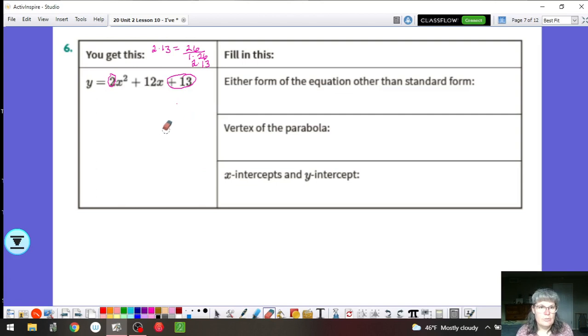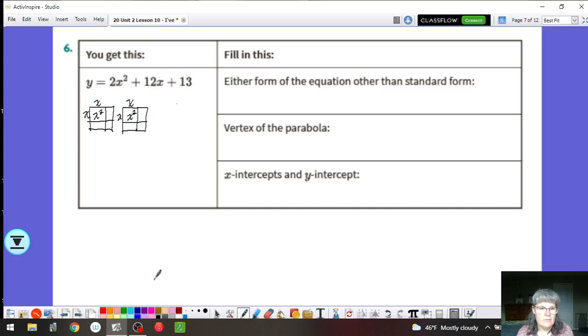In that case, we're going to complete the square. So I am going to start by drawing 2 squares because this is 2x squared. And I'm going to put an x squared in each one. Now I have 12x that needs to be split among 4 rectangles that are going to be x, something x.